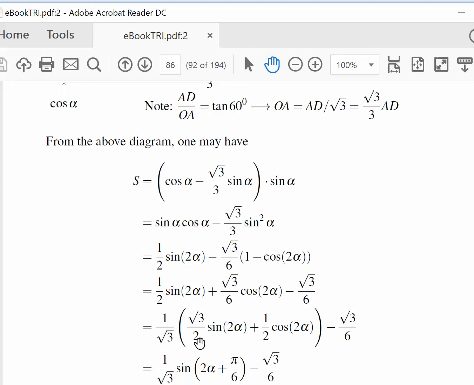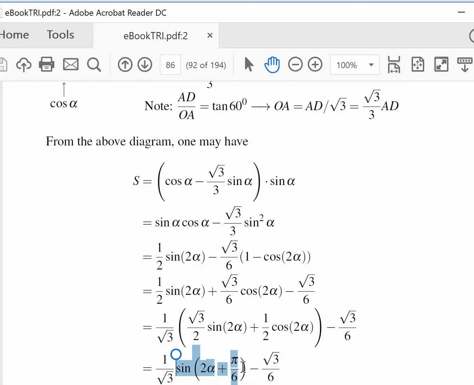Now here, again, from here to here, is use the sum formula for sine. Remember, sine of one angle plus another will be sine, cosine, and then cosine, sine. You got to recall that formula. Now what we get is this one.